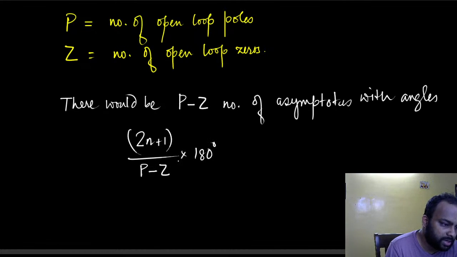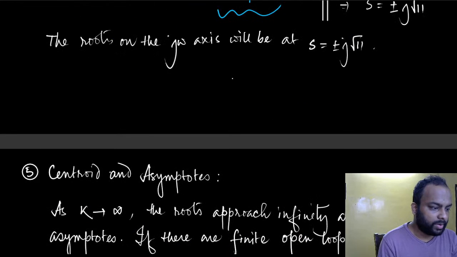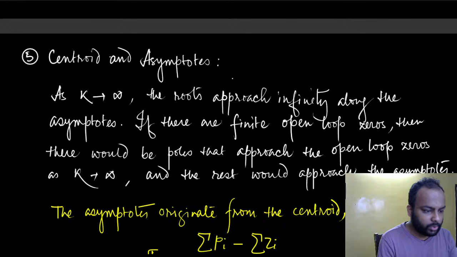In this case it's going to be 60, and this is going to be 2n minus 1, so that's going to be 60, 180. Right, no problem. It'll be pretty evident what I mean here. Just keep this entire story here.